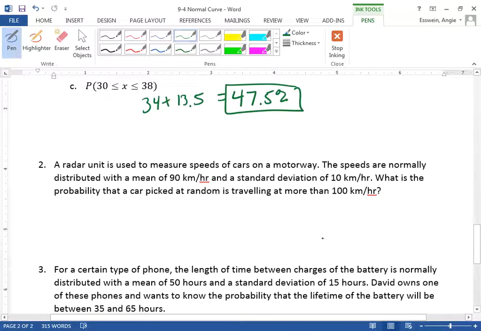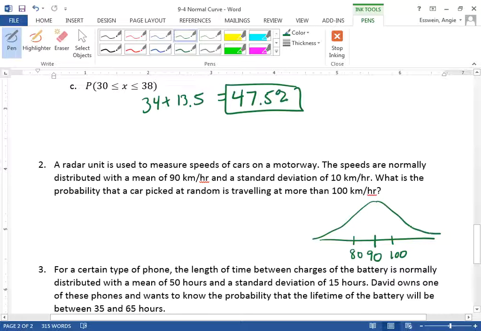So you put your mean in the center so we can see a picture of 90. And then we're going to go one standard deviation out. The standard deviation is 10. So we go up to 100 and down to 80. And then you can just approximate your curve over the top.